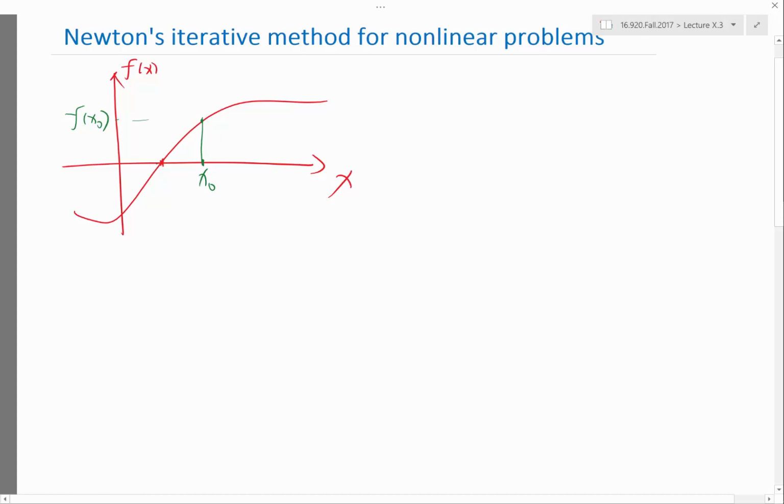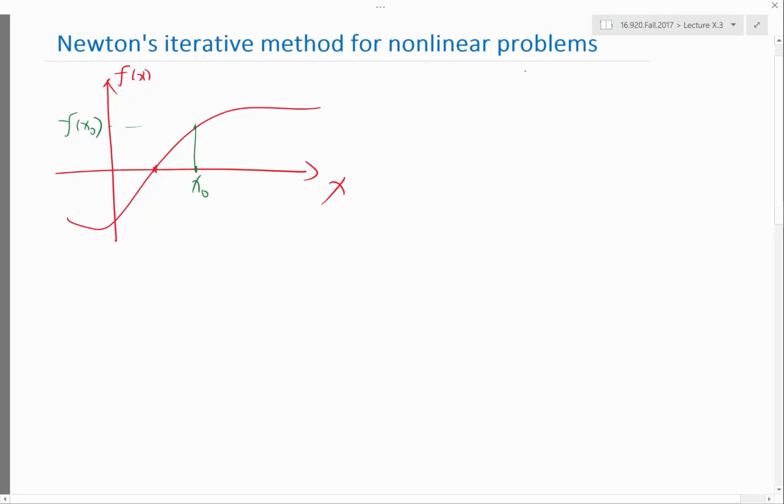Which way I want to go is given by the sign of f(x) and also by the sign of the derivative. If f is positive and the derivative is positive, I want to go back. If f is positive and the derivative is negative, I want to go to the positive side. If f is negative and the derivative is negative, I want to go to the negative side. So basically, I should have the opposite sign of the ratio of f(x) and the derivative. Now, how much do I want to go?